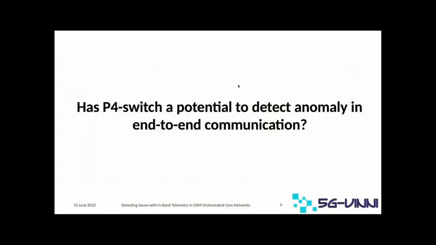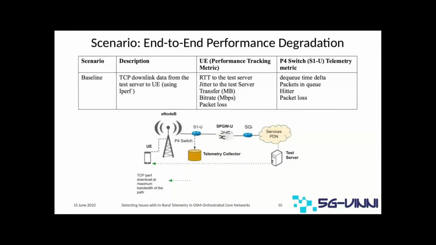Hello, everyone. I am Azza. I'm going to present our investigations of P4 telemetry in detecting any performance degradation in the network. In this analysis, we conduct two different experiments. The first one, which represents our baseline, runs the network under normal behavior.